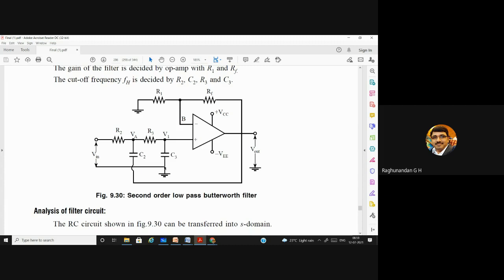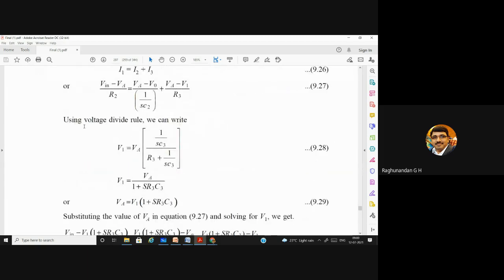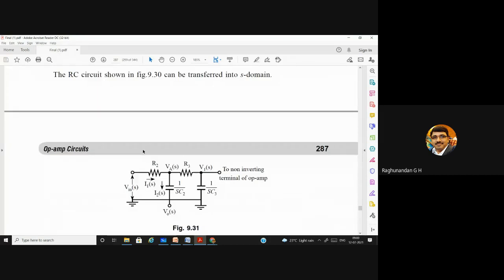In a complex circuit where these components are connected in parallel, to find the voltage across a particular branch, we apply the voltage divider rule. So now we apply the voltage divider rule to find the voltage across C3. On applying it, V1 is equal to VA, where VA is the actual supply.